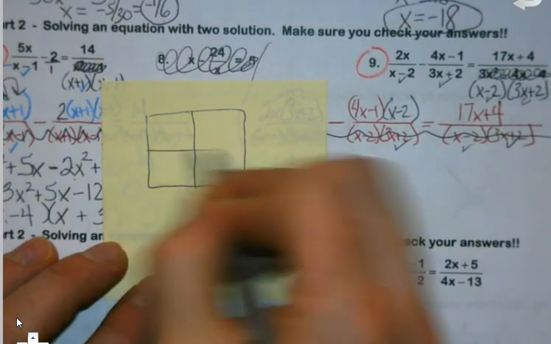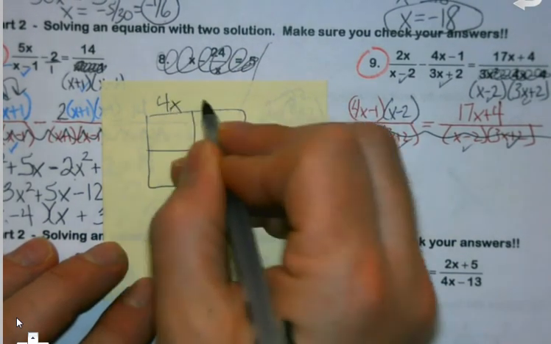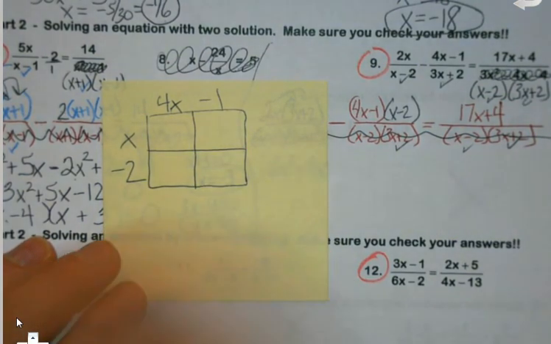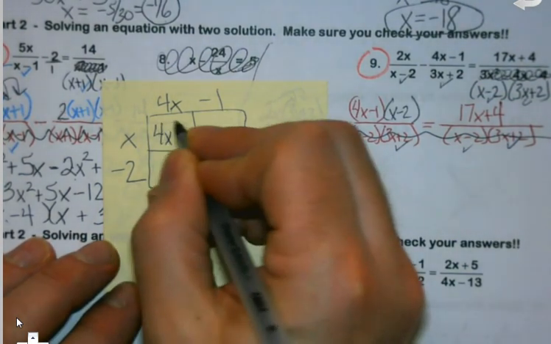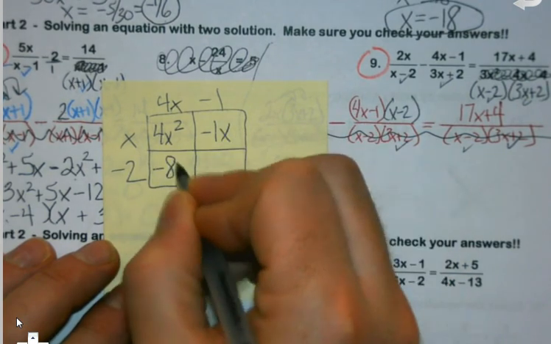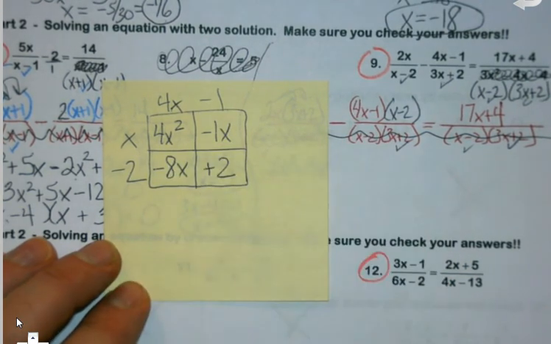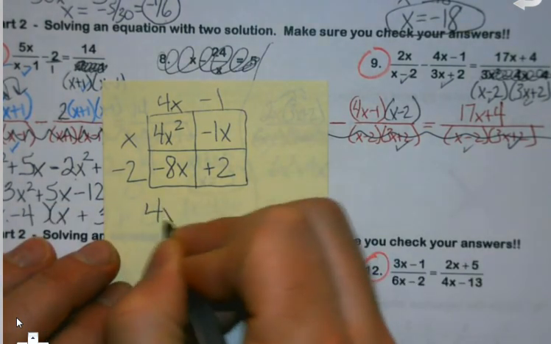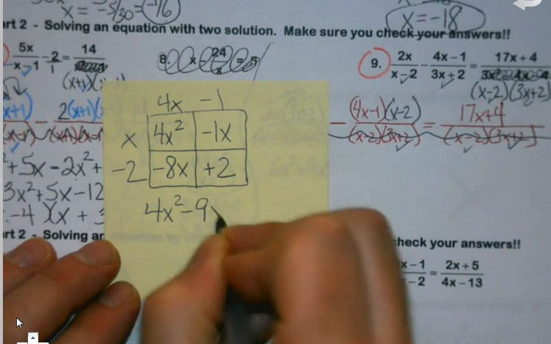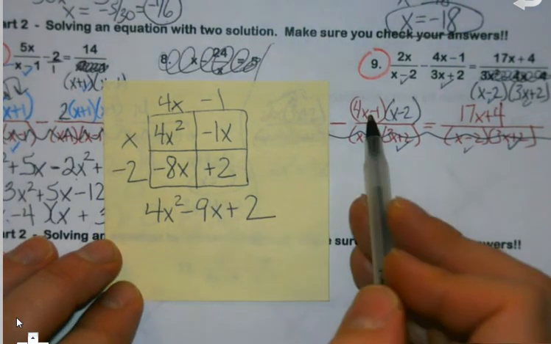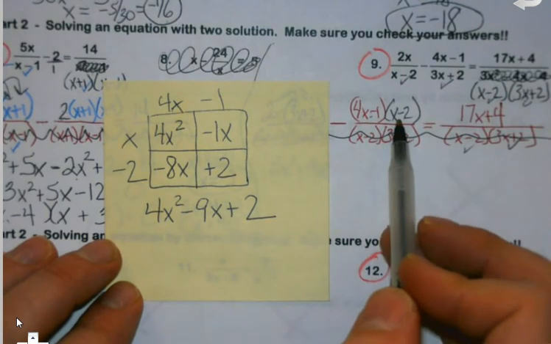Okay, FOIL it, box it, whatever you do, to multiply this out. But before I deal with that negative, I need to get this cleaned up first. So once I do whatever my FOILing is, that's strictly multiplying these two things together.